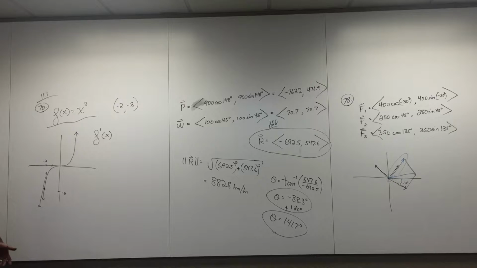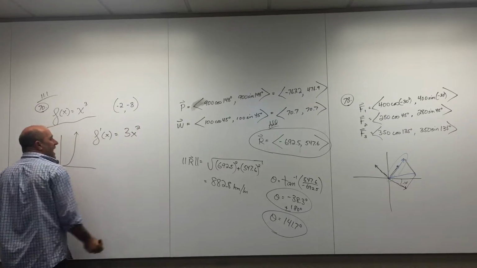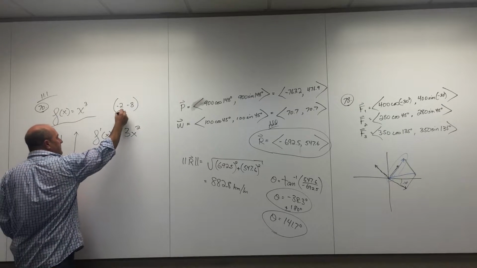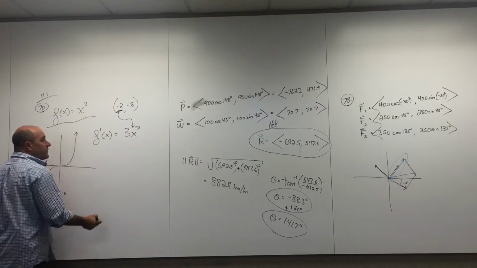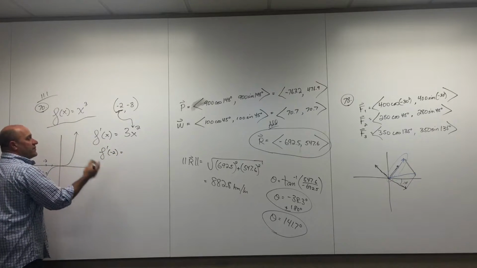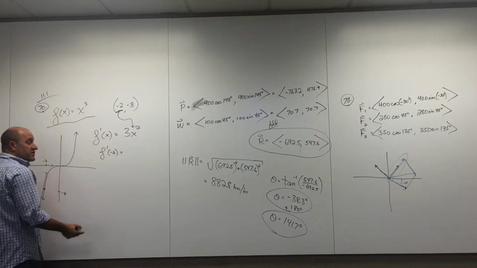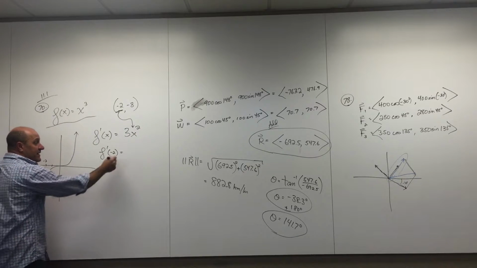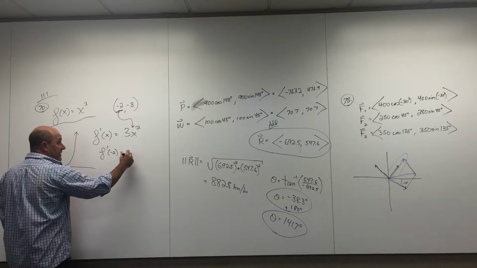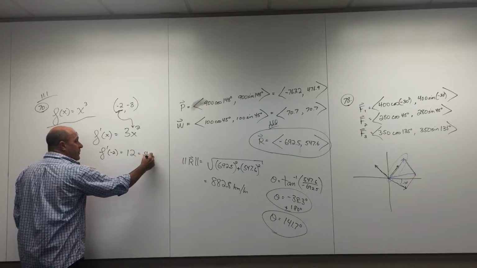The derivative is easy. It is 3x squared. When x is -2, very specifically, f prime of -2, the slope. This is the slope of the tangent line in general. At this point, the slope of the tangent line is 12. That's the slope at this point.